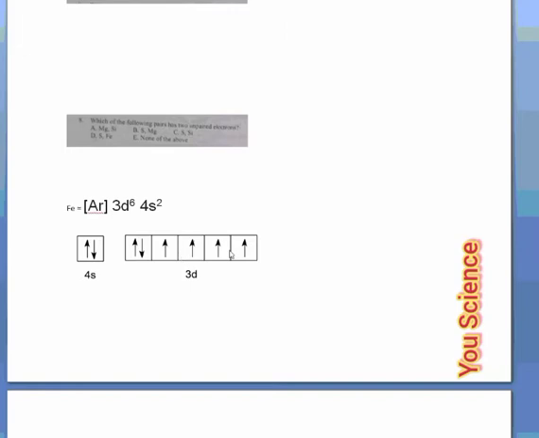So we have 4 unpaired electrons here. So these 3d orbitals are unpaired. So we have 4 unpaired electrons. So that rules out option D from this option. So this is clearly out of it. So let's check for other elements.